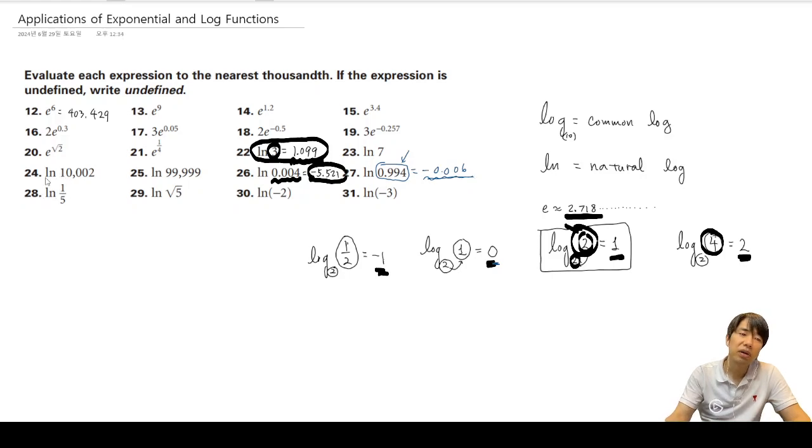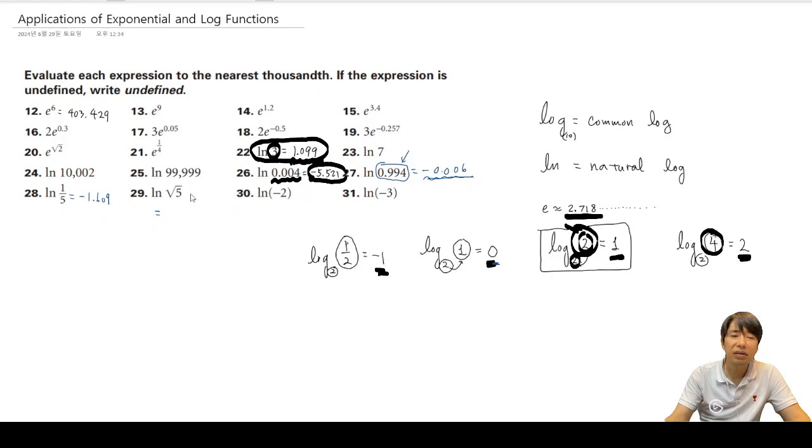Same thing here, ln 1 over 5. 1 over 5 is less than 1, so your answer will be a negative number. ln 1 over 5 is equal to negative 1.609. All right, 29.